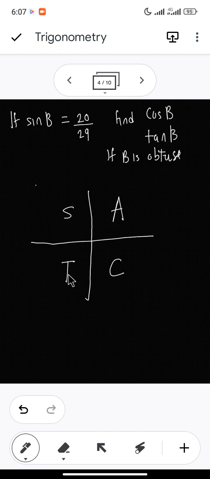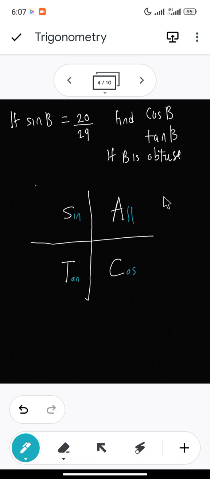What this means is that in the first quadrant, all, this stands for all, all the trig ratios, that is sine, cos, tan, and so on, are positive here. For the second quadrant, it is only sine that is positive. For the third, only tan is positive, and for the fourth, only cos is positive.